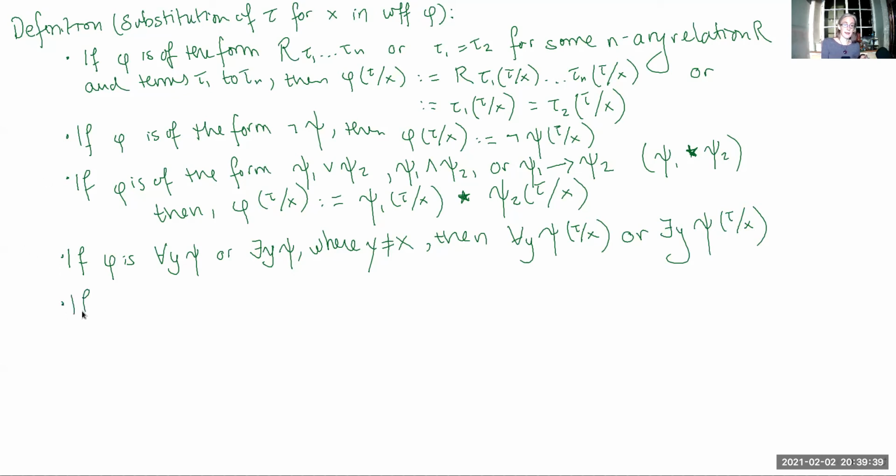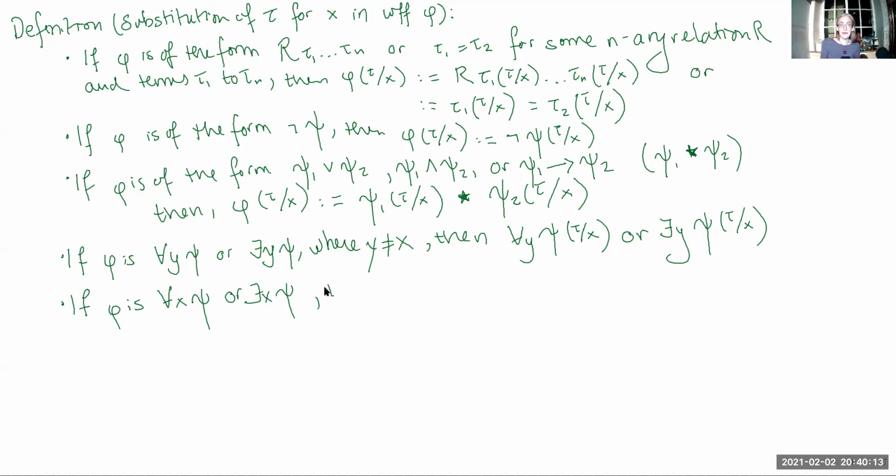So the last case then is where we have actually a quantifier that matches the variable that we are trying to substitute in. So this quantifier captures any remaining free occurrences of that variable. Now, some of these occurrences might already have been bound deeper into the subformula, but if, say, psi had x free, then for all x psi, we'll have it bound through our definition of free and bound variables.